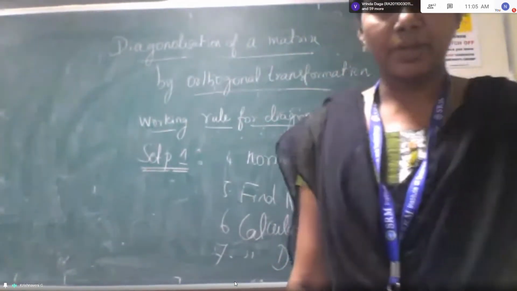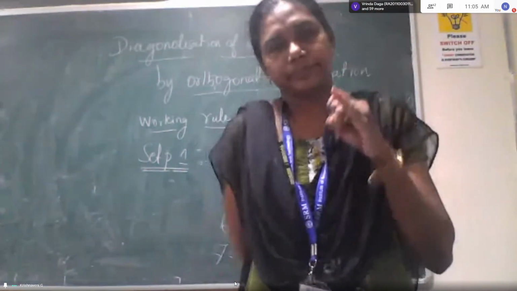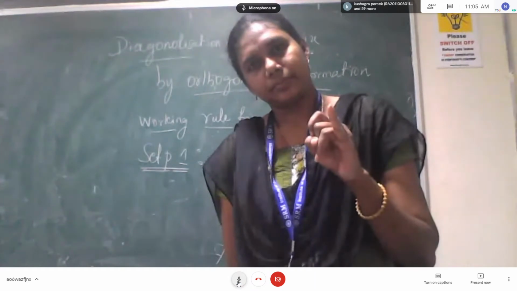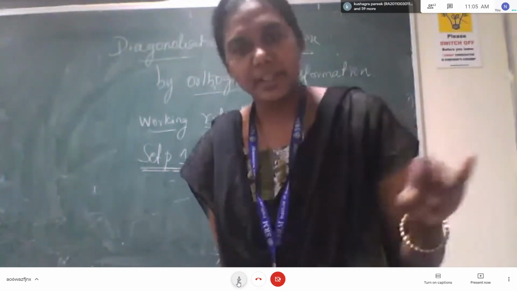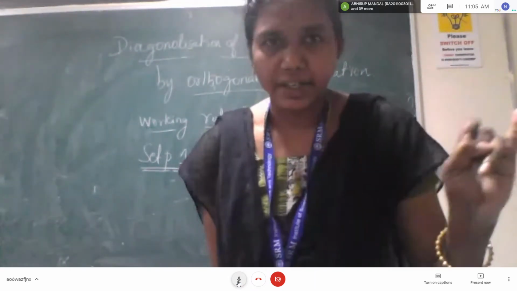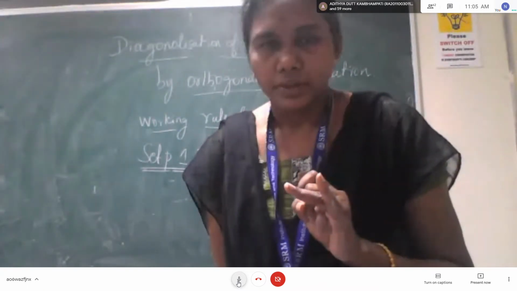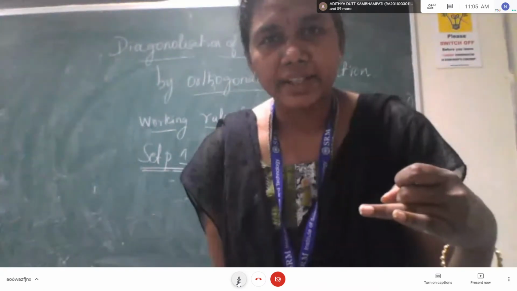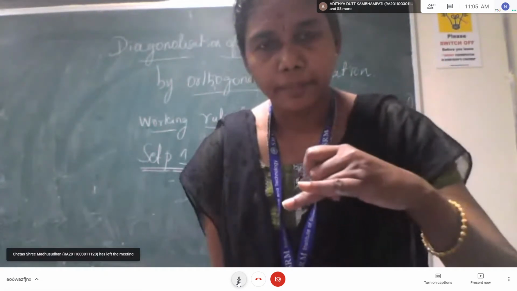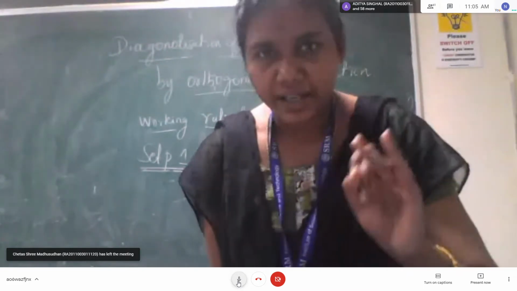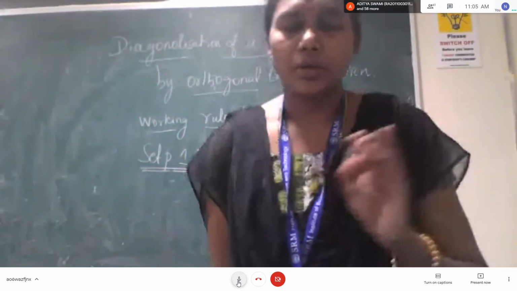Okay, guys, one by one, tell me what's the first step? Step 1. Find the characteristic equation. We know very well how to find the characteristic equation. In step 2, solve the characteristic equation. What will come? Eigenvalues. Exactly.